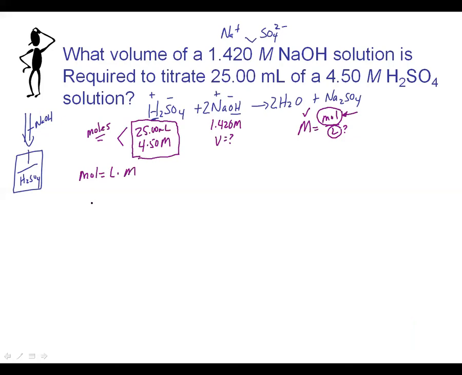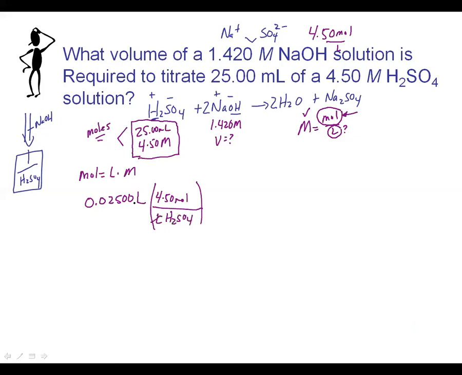So starting with our H2SO4, we do need to convert our milliliters into liters, so we divide by 1,000. We are going to use our molarity and convert it into moles per liter, and in this case, 4.5 moles per liter of our H2SO4.